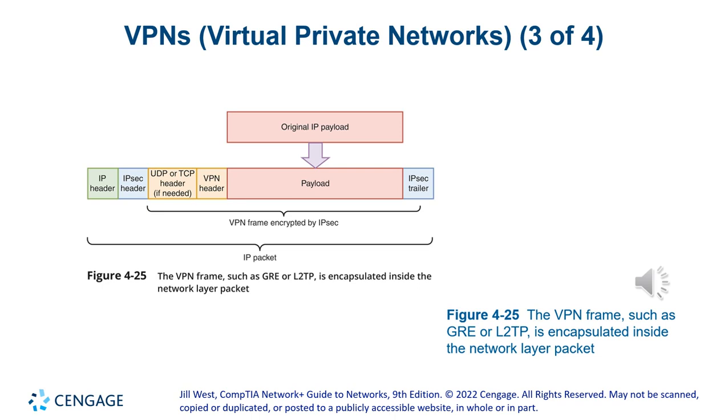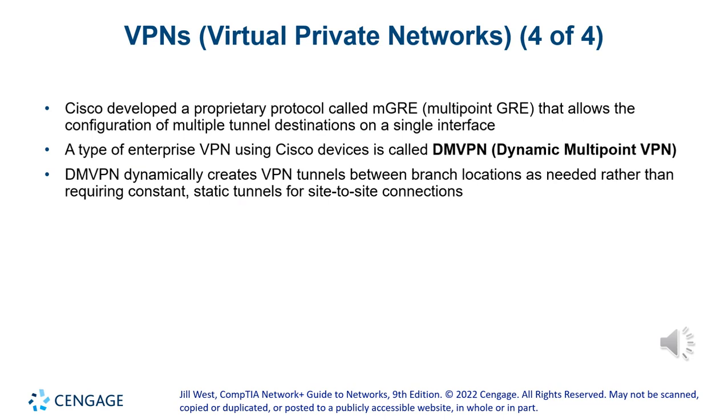So since a VPN creates a tunnel, the information that goes through there needs to have some information that is part of the tunnel. So you have the IP header with the IPsec header, and then your TCP or UDP information, and then your trailer, because it's all encapsulated in this IPsec.